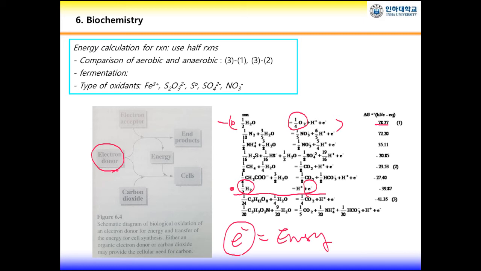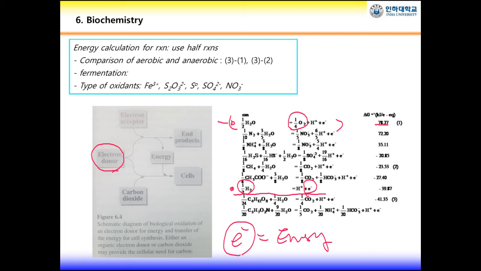So how do bacteria use these electrons? To make cells or to produce their daughter cells, they need energy to do work.